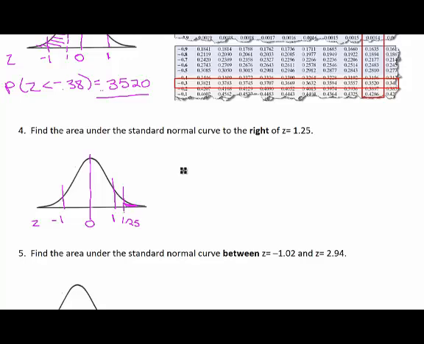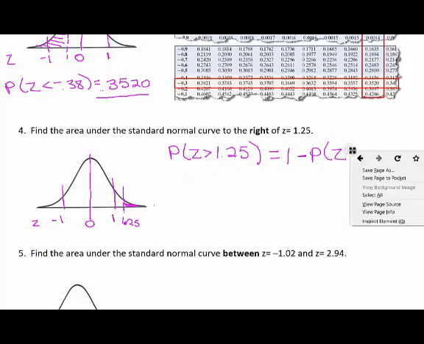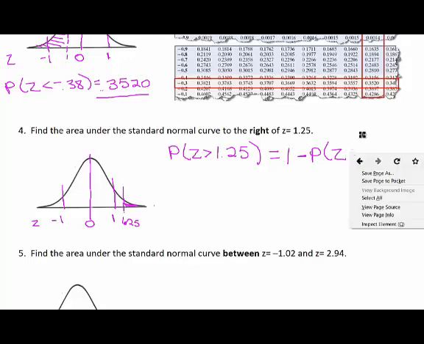We're going to have to do the flip side, because remember, when we find 1.25, it gives us the probability, the area to the left, not the right. So the way that we have to do that is the probability that z is bigger than 1.25 is just 1 minus the probability that it's smaller than 1.25.